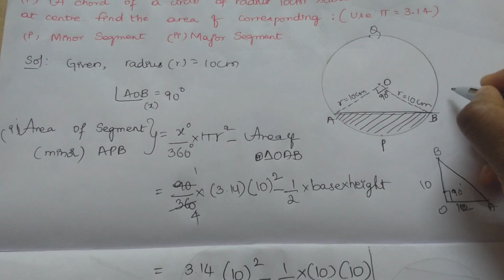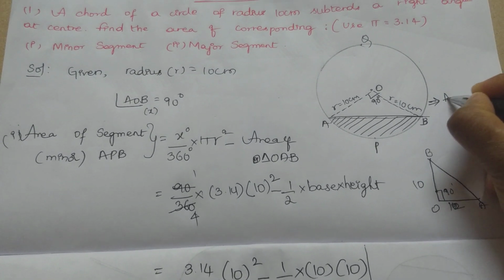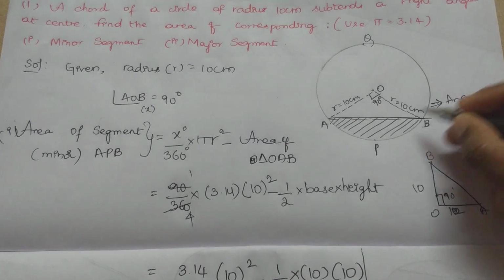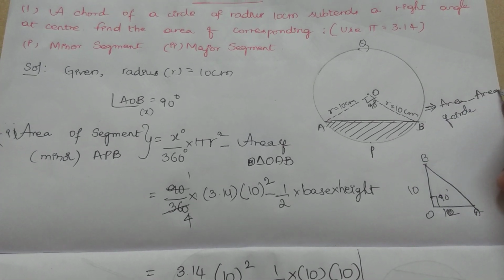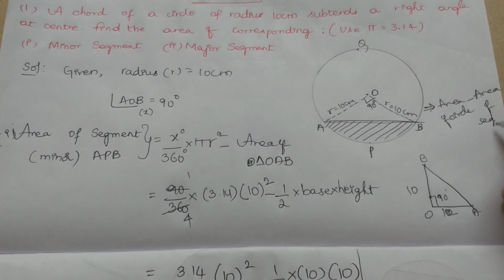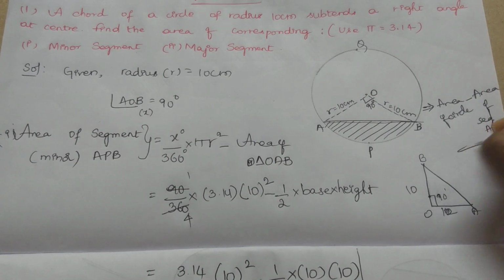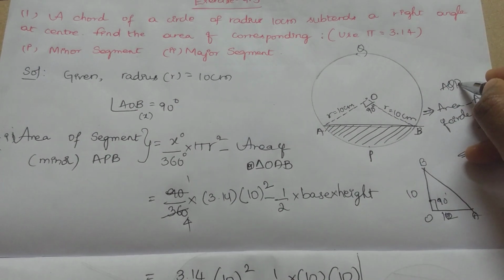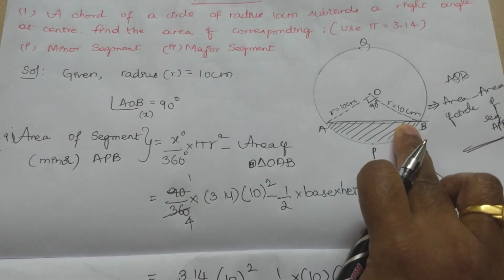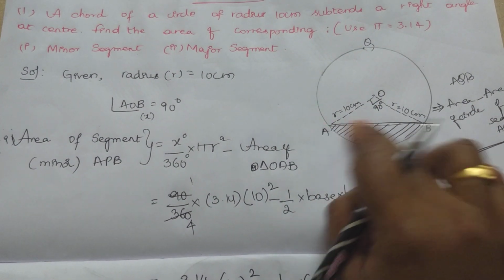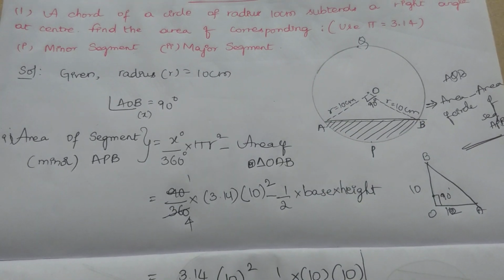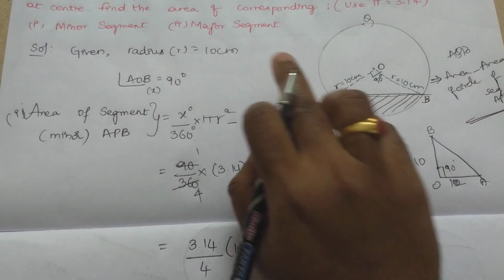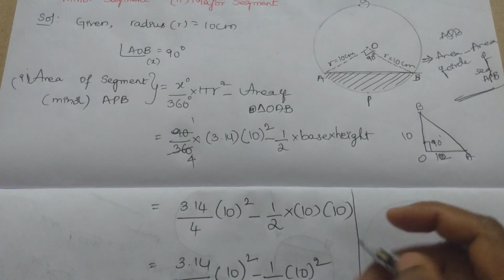Okay, see, I am writing here for explanation. Area of circle minus area of segment APB. For this you will get AQB, right? AQB is nothing but total area minus area of minor segment. Clear? So that is nothing but the major segment area.